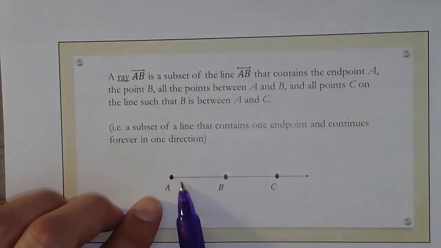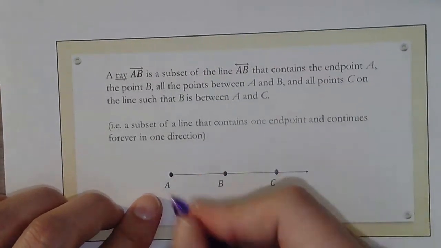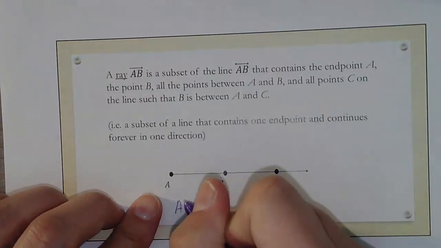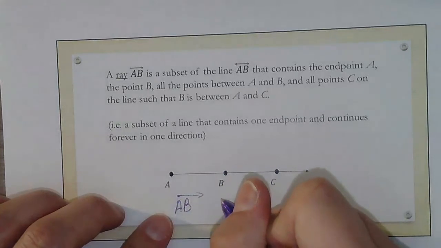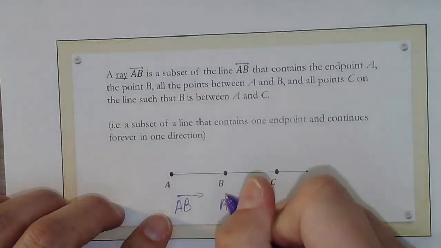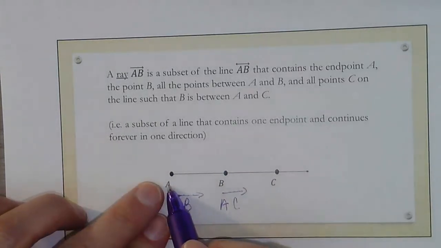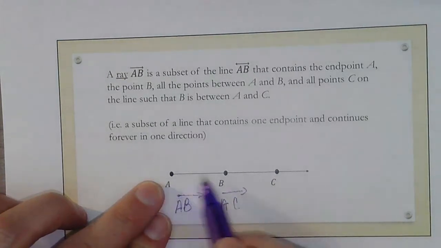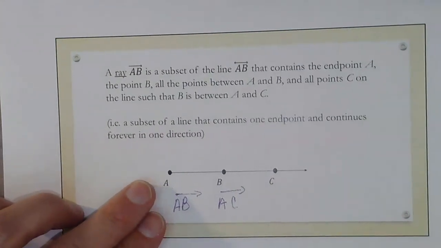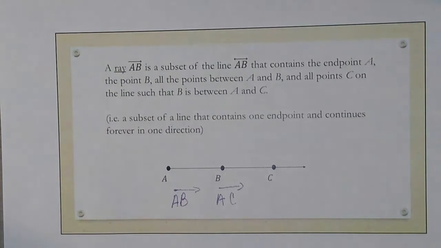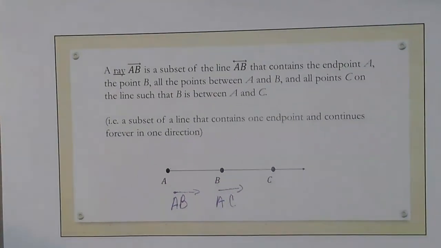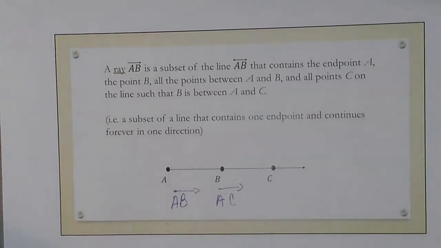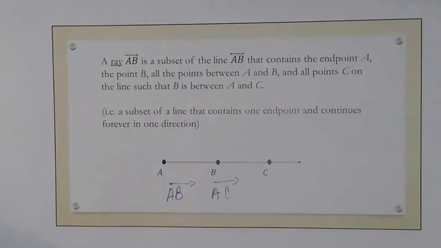So this ray could be AB, or this ray could be AC, because it starts at A and goes through either one of those. You have that starting point, wherever it starts, and it continues. Okay, that's called a ray.